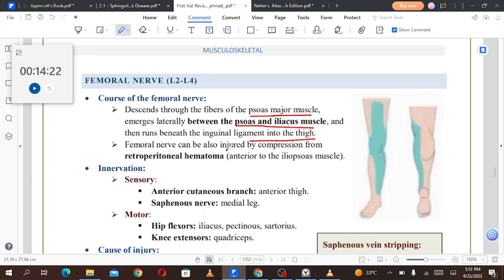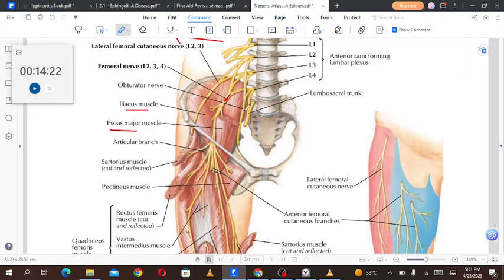The femoral nerve can also be injured by compression from a retroperitoneal hematoma anterior to the iliopsoas muscle. Here you can see that this is the abdominal confines, the boundaries of the peritoneum. If there is retroperitoneal hematoma, maybe some damage to the abdominal aorta or the renal arteries, whatever is there, that can result in a retroperitoneal hematoma.